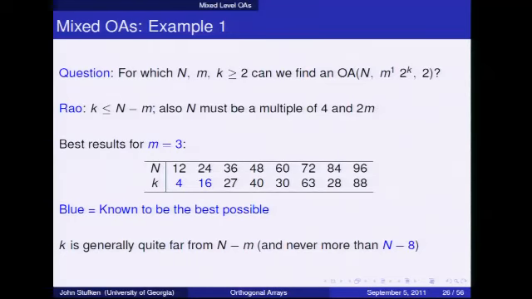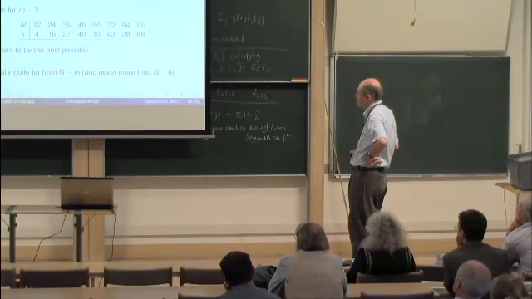If you have 24 runs, n is equal to 24, with m is equal to 3, then it's known that you cannot do better than 16 two-level factors. Again, stays away from Rao bound, but it's known that you cannot do better. So you cannot attain equality in Rao bound. That's all that it means.